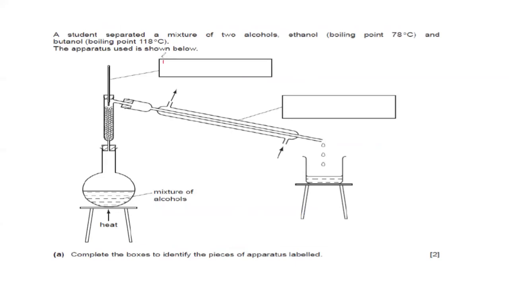Another slide, label the apparatus in box 1. What do we call it? A thermometer, that's good. What about apparatus 2? A condenser, or a Liebig condenser, you can also say.